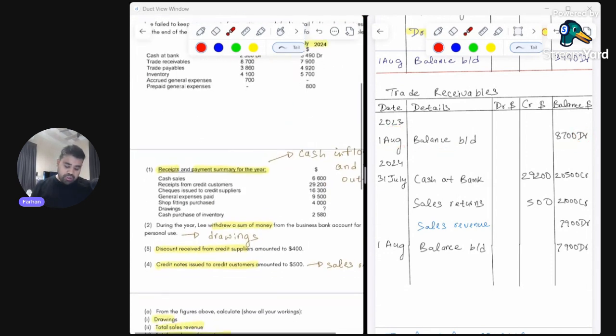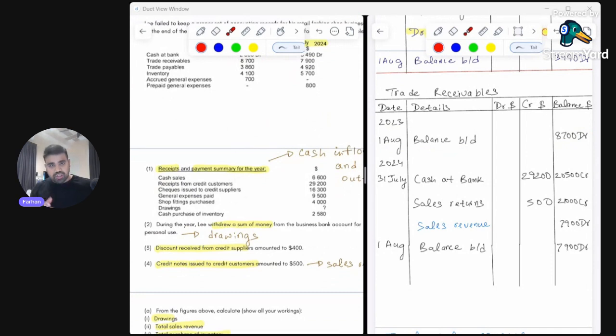Next, we need to refer to all the transactions that we have got specific for trade receivables or credit customers. Now, if you check the receipts and payments summary carefully, the one transaction that relates to credit customers, which I'm just about to highlight in green, is the receipts from credit customers of $29,200.